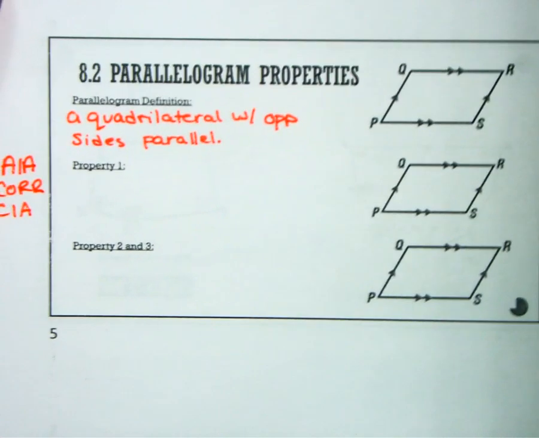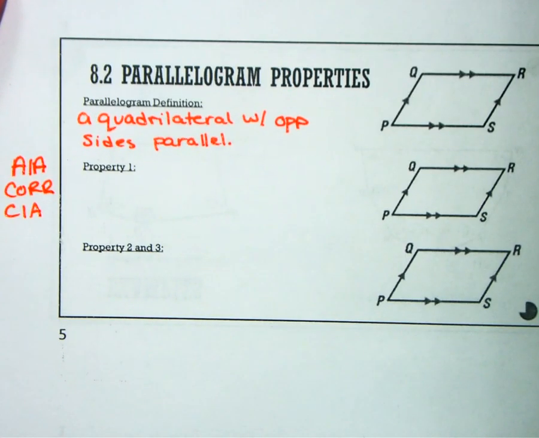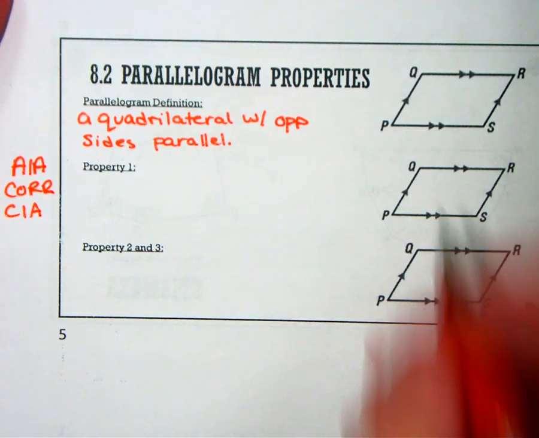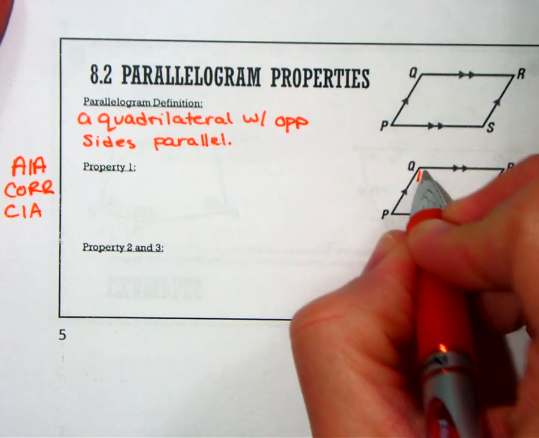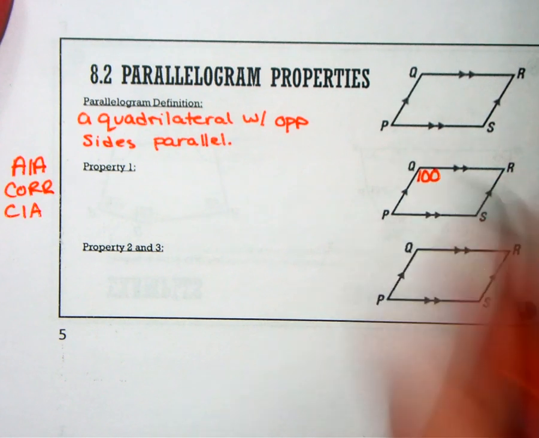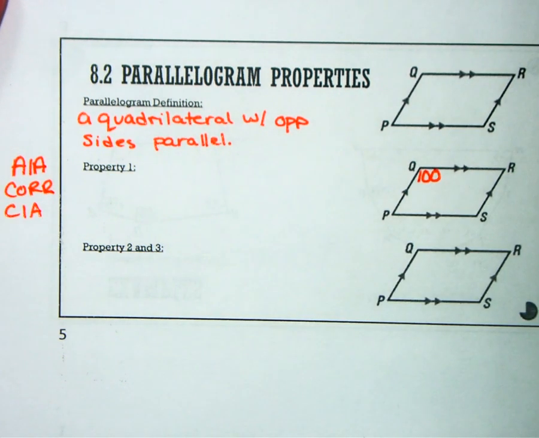Okay, so those three things are now available to us because we have parallel lines. So, if I told you that angle Q was 100 degrees, what could you tell me about angle P? Go ahead. It's 80, right?